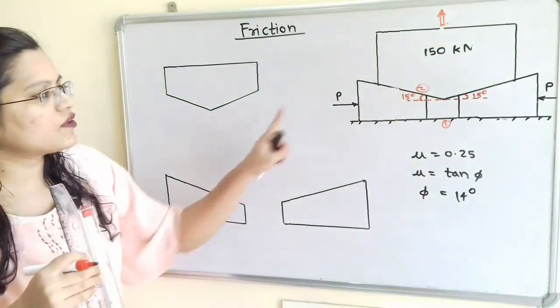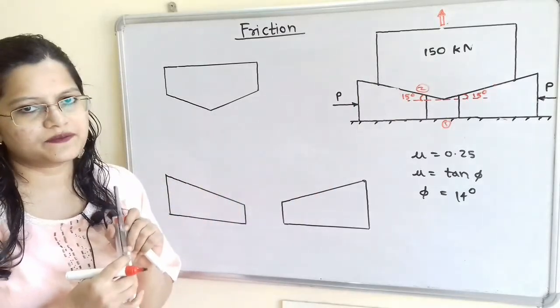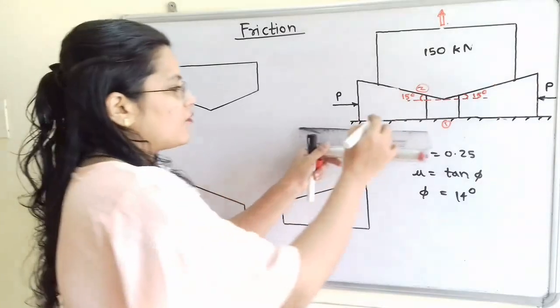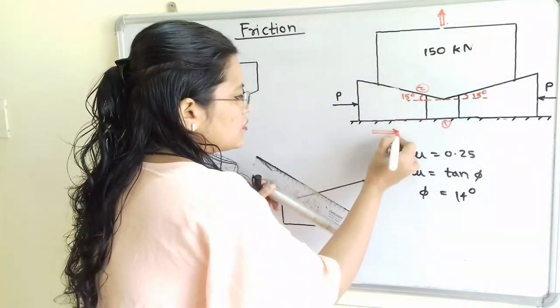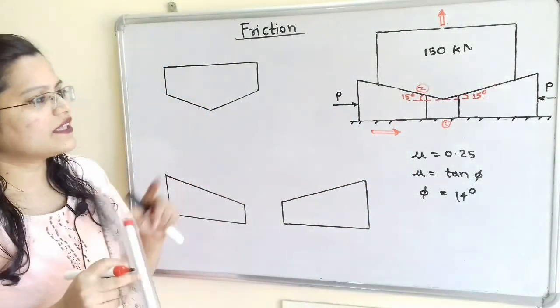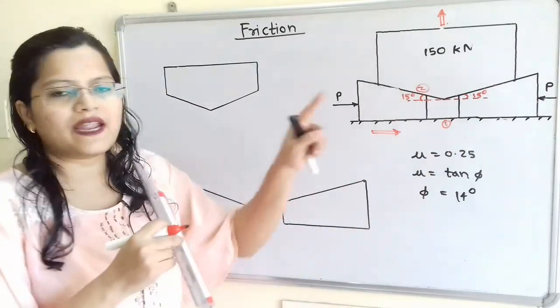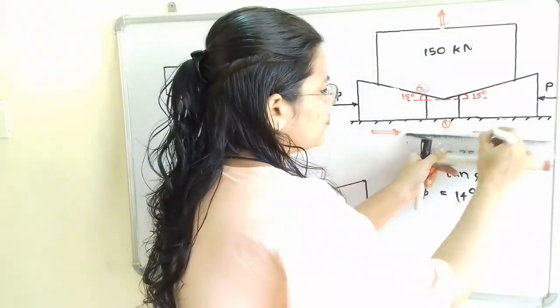Now the applied force P on the first wedge is towards the right hand side, so the motion will be in the same direction as the applied force P. Then the motion of the second wedge is in the direction opposite to the first, that is towards the left hand side. So we have to mention here.